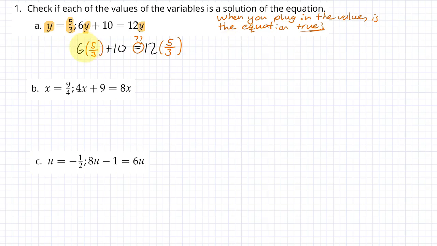First of all, 6 is 2 times 3, right? So you can write that 6 times 5 over 3 as 2 times 3 times 5 over 3. And that way you can see the 3 and the 3 here will cancel out. And same thing with 12, you can reduce that by turning 12 into 3 times 4.